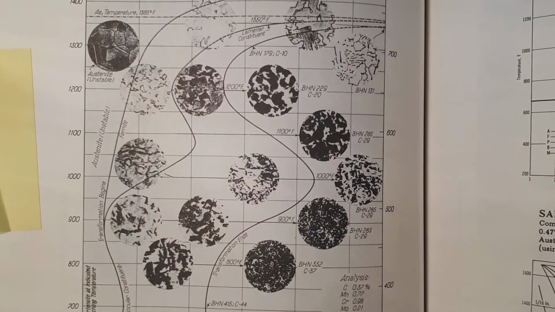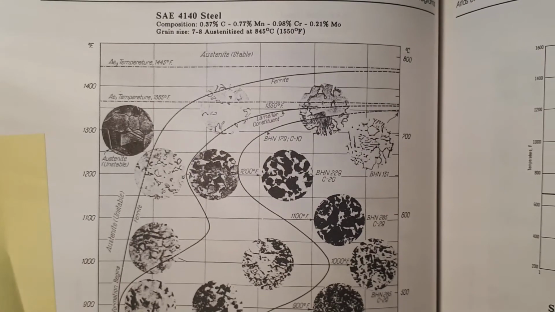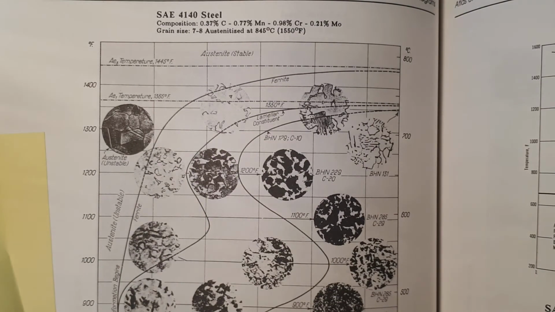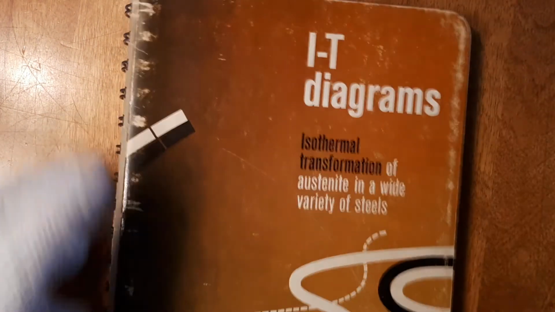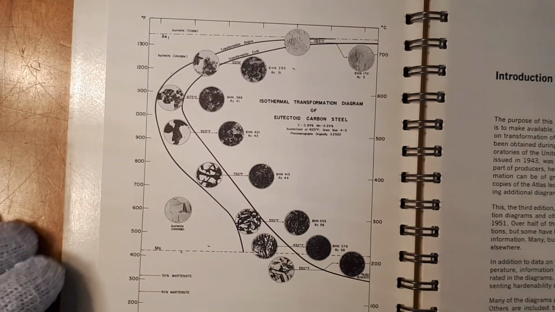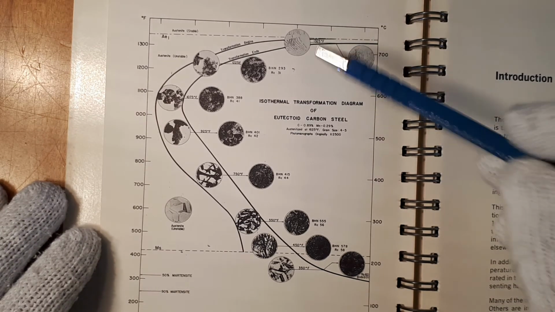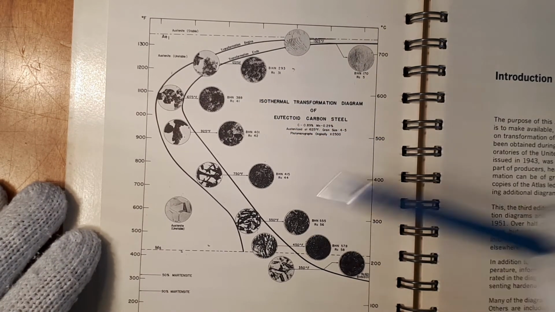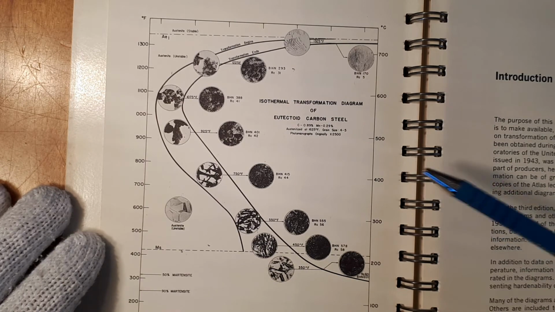There's also various microstructures that are superimposed on these diagrams, much like this one. So I'm back to an IT diagram and the various microstructures superimposed on the IT diagram.